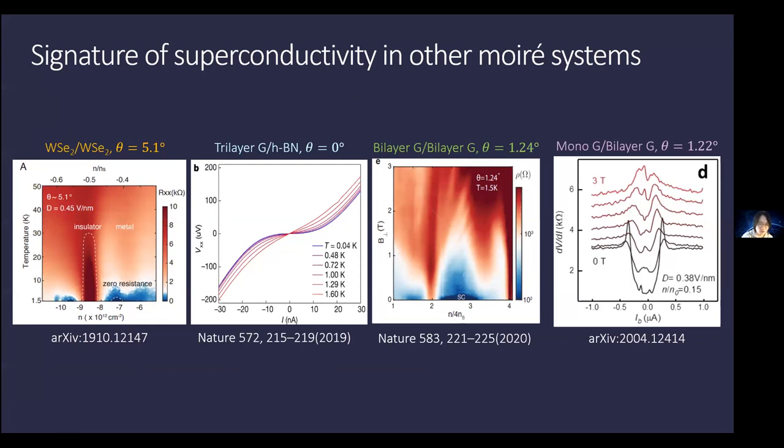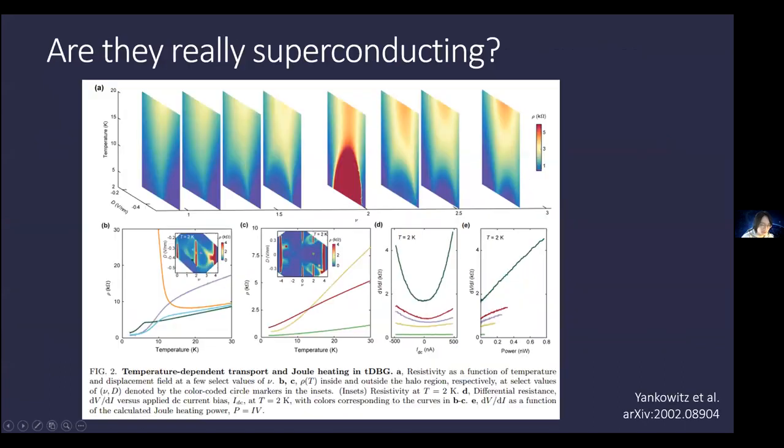They either don't show a true zero resistance, such as in the last case, and in some cases the IV curve just doesn't look like what you expect in a real 2D superconductor, like for example in this kind of curve. There has also been a paper recently suggesting that these observed data can be attributed to more trivial effects such as Joule heating, not actual superconductivity.